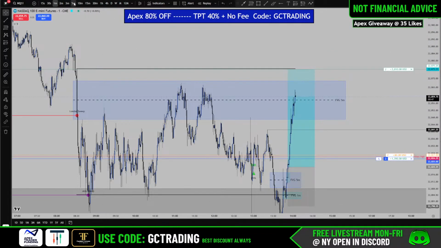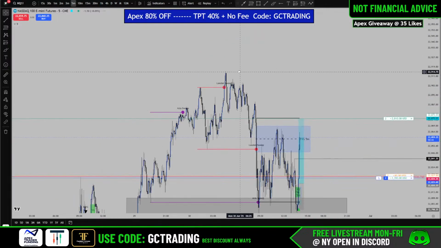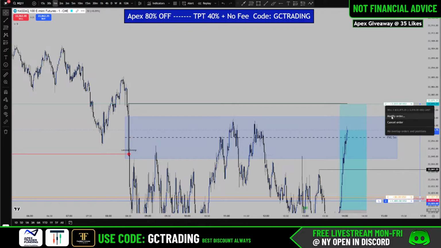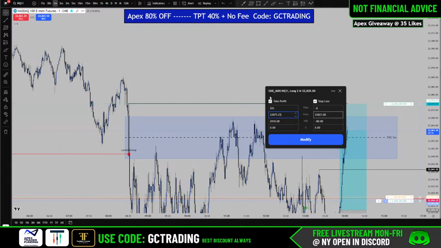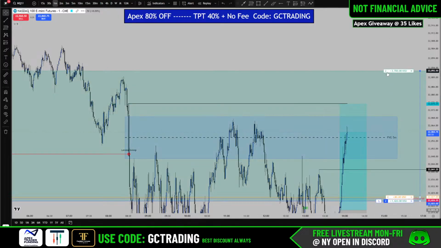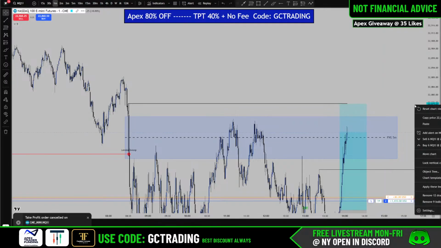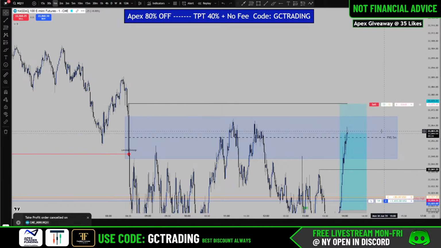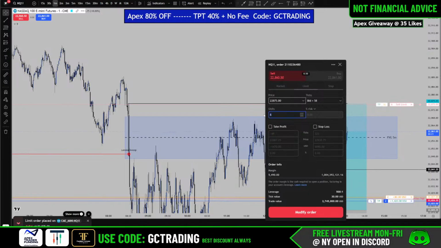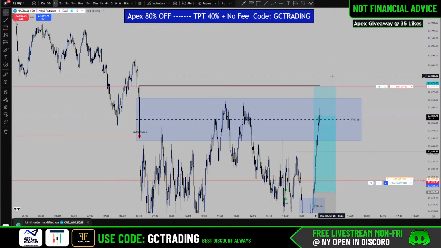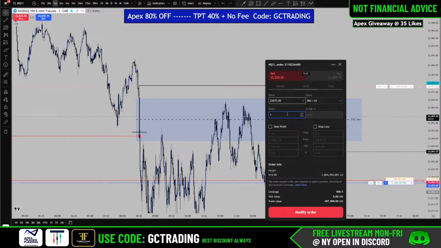If we can inverse the 5-minute gap, that's pretty bullish for pushing us to all-time highs as well. Make it 2.